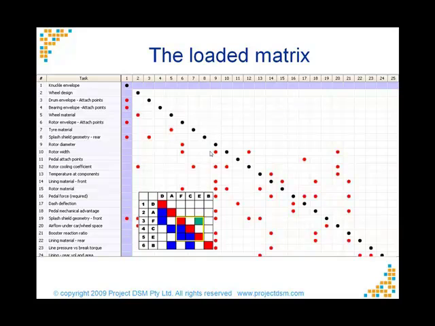Well, what Project DSM is doing is simply removing all of that as it goes. Each time you put an interaction into your table, it continually reruns the loop, looks at the program, and optimizes. So it's in a state of continuous optimization as you're entering the data.